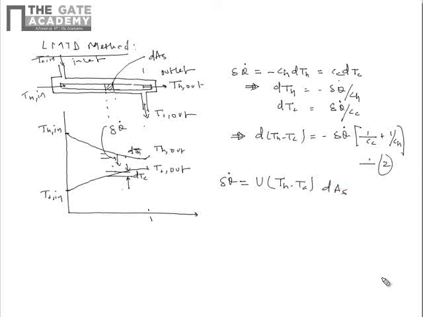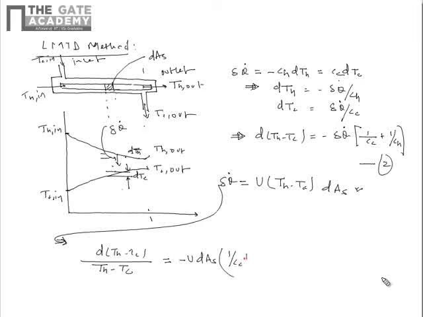This is coming from the definition of overall heat transfer. So from equation 2, this can be written as d(Th minus Tc) upon (Th minus Tc) is equal to minus U dAs (1 upon Cc plus 1 upon Ch).